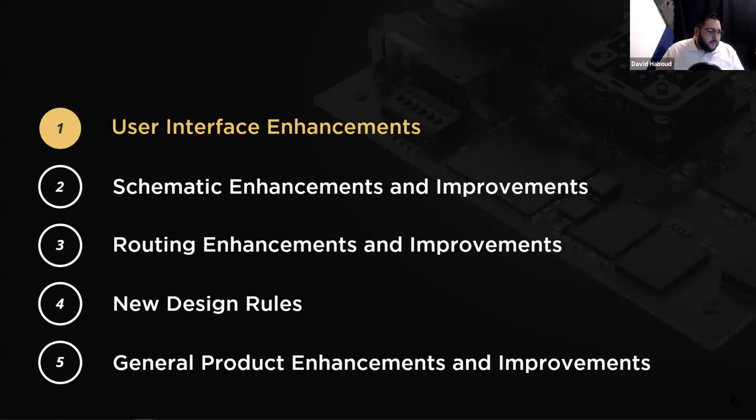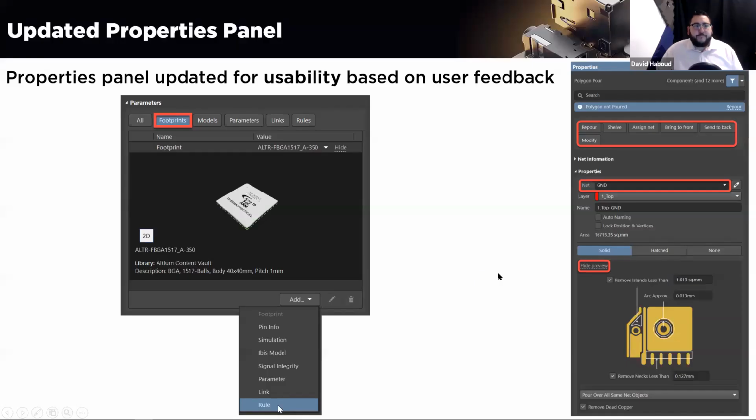Let's see. Okay, so let's look at the user interface. So when we released Altium Designer 18, we introduced the properties panel. One of the biggest feedback we got about that properties panel was the usability of it. So we wanted to increase that usability and further improve it.